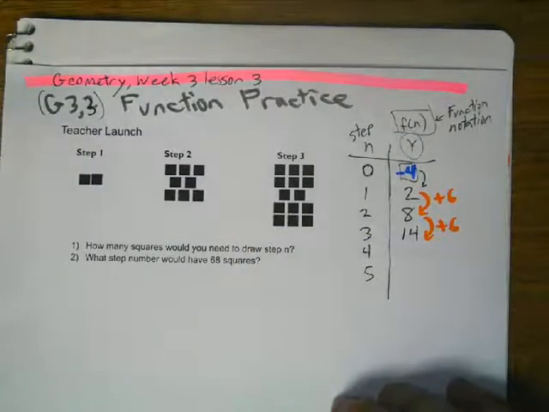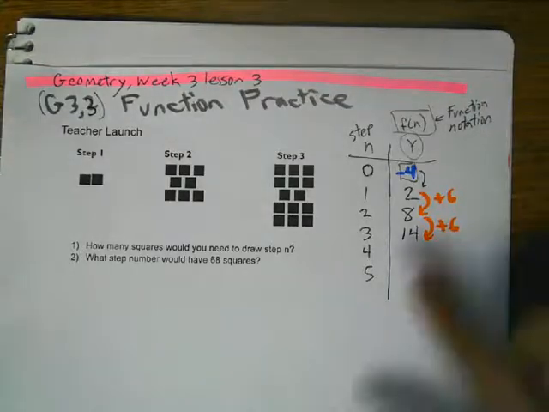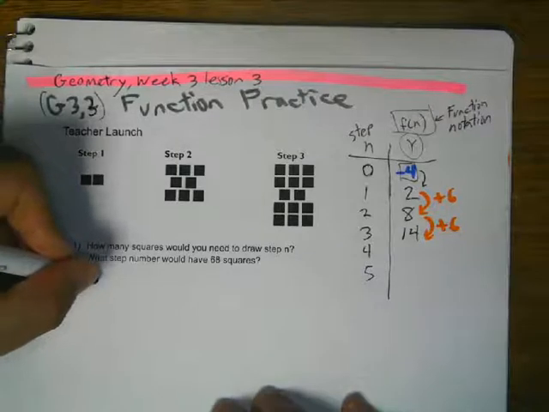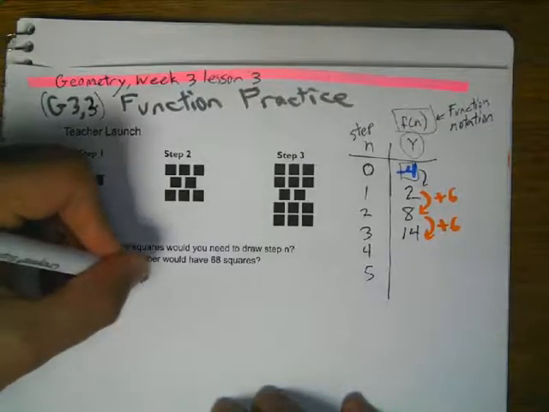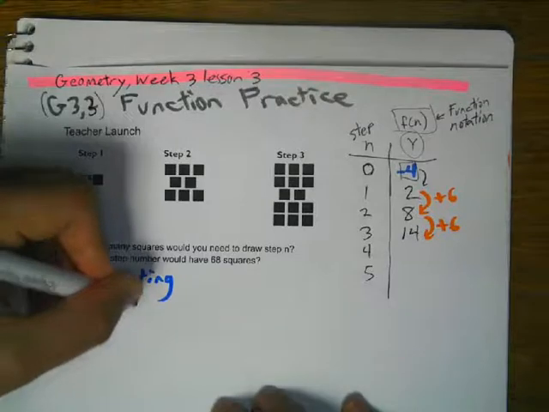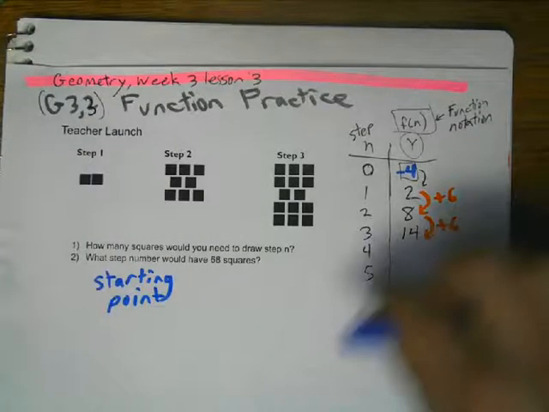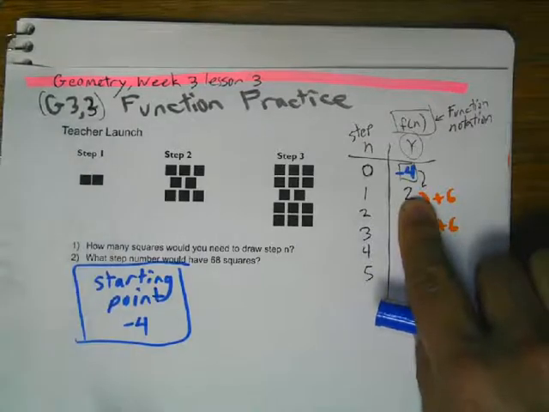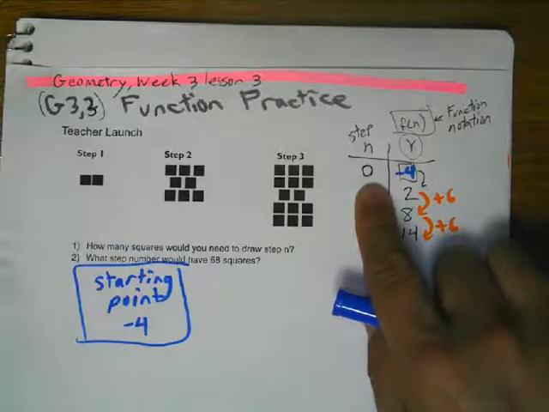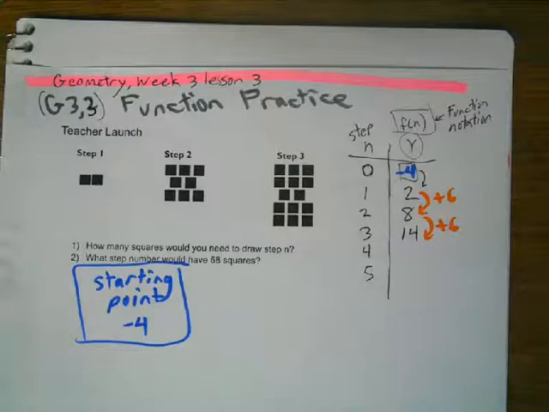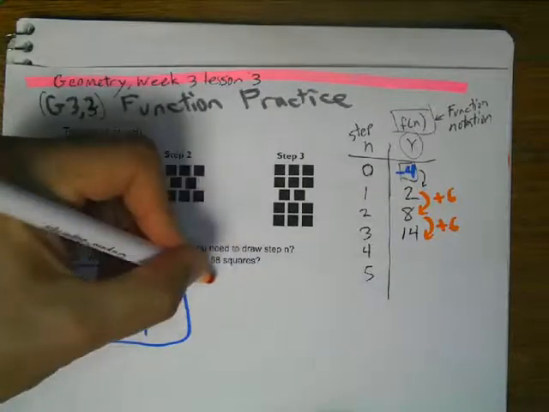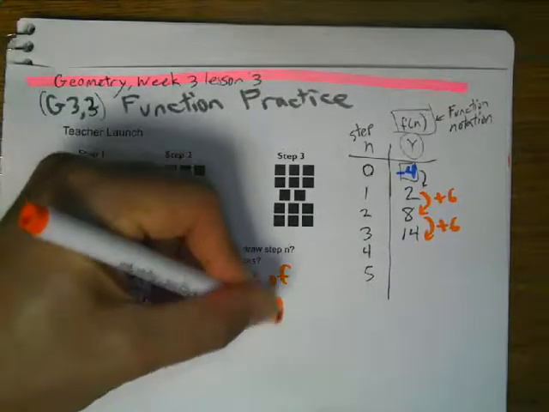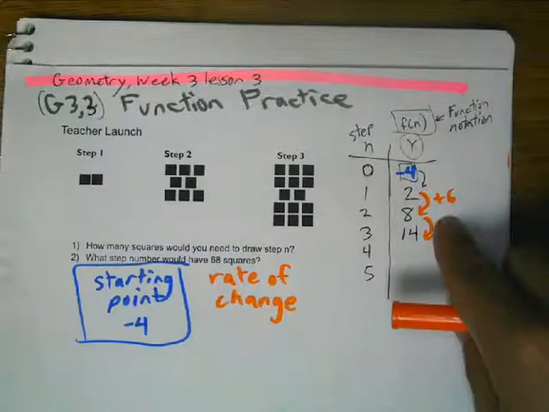With this information, we're able to say that our starting point is -4, and that's always going to be the value when the step N is 0. And then our rate of change is the amount that it keeps increasing by. Our rate of change is 6.